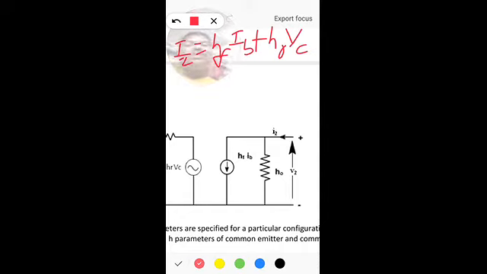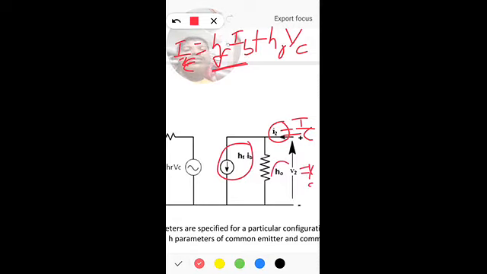Actually I2 is IC. So IC is equal to the sum of the current HF IB plus H0 VC, where V2 is VC.